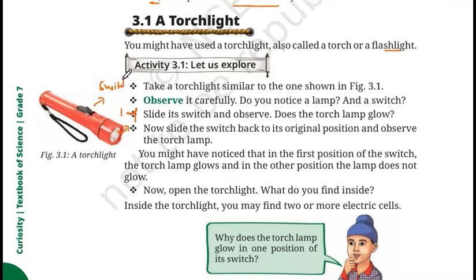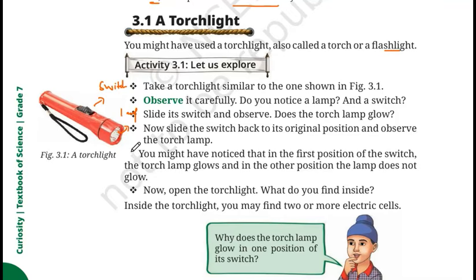Now when initially the switch is at the backward position, what happens? You will see that the lamp is not glowing. But when you push it to the forward position or the on position, you will observe that the light is coming from the torch. You see a flash of light coming from the torch.